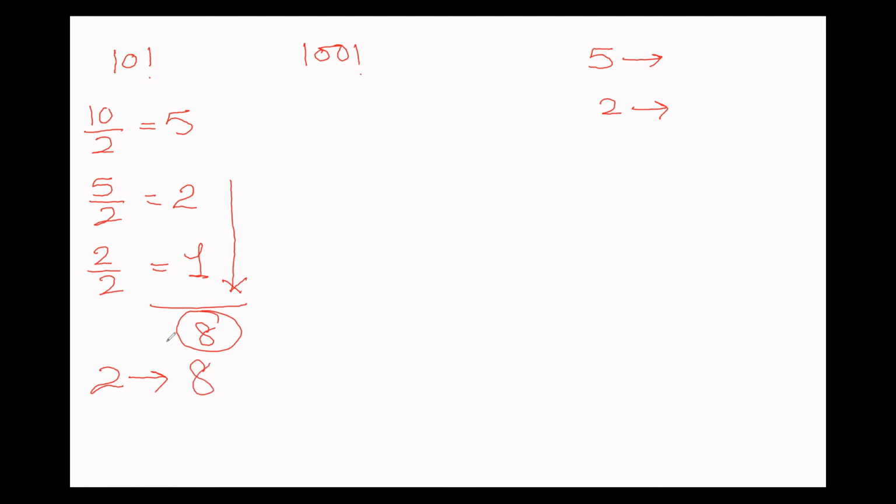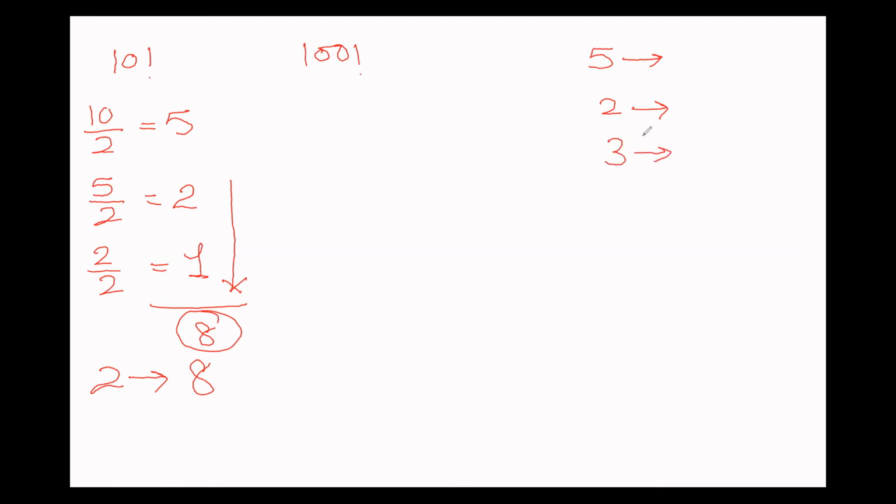In a similar fashion, if you want to find the number of 5s, you should divide the number 10 successively by 5. If you are asked to find the number of 3s, you can divide the number by 3, and so on. So we will use the same concept to find the number of 5s, the number of 2s, and let's say the number of 3s in 100 factorial.